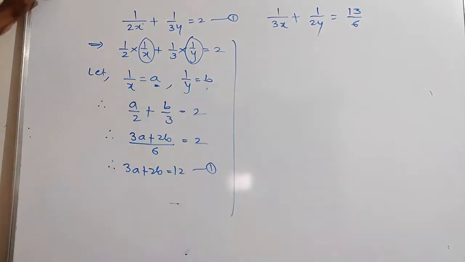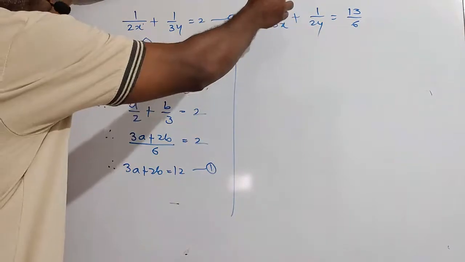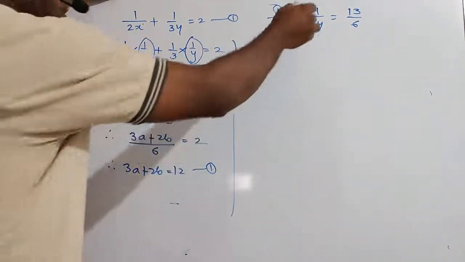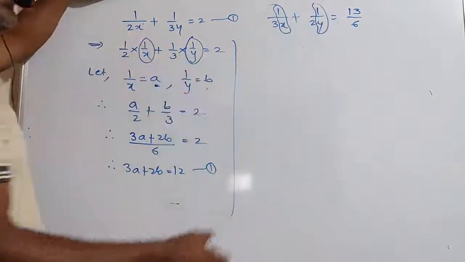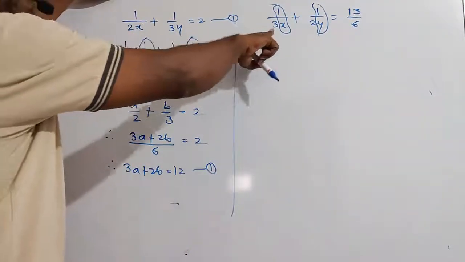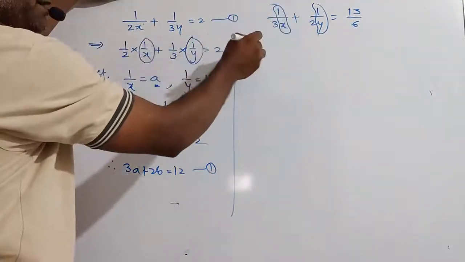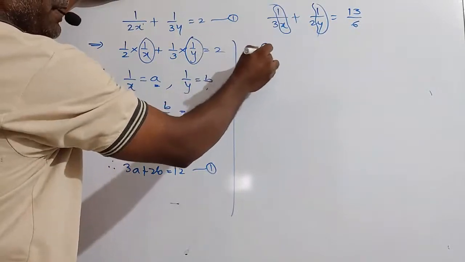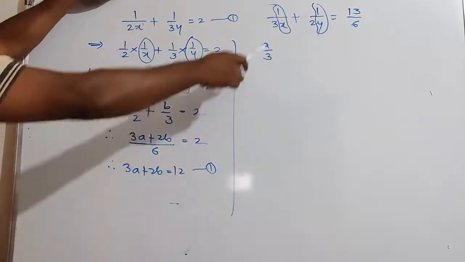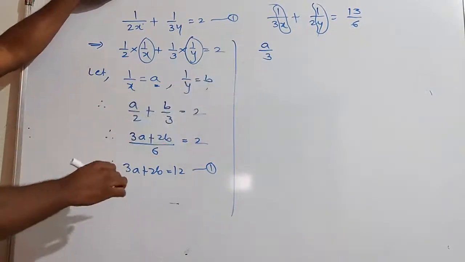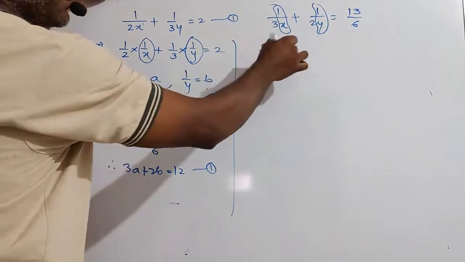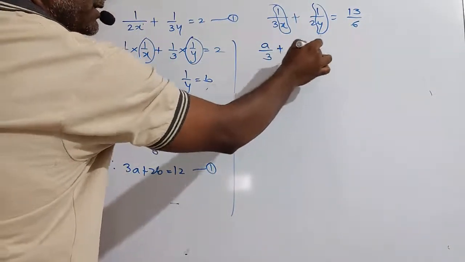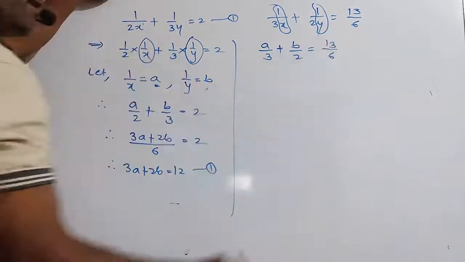The same way I will solve this. Here also in place of 1 upon x I will write a and in place of 1 upon y I will write b. 1 upon x is a, so it will become a by 3 because 3 is in the denominator. The constant we write as it is, and 1 upon y is b, so b by 2 is equal to 13 by 6.